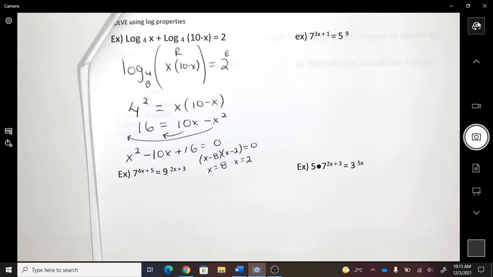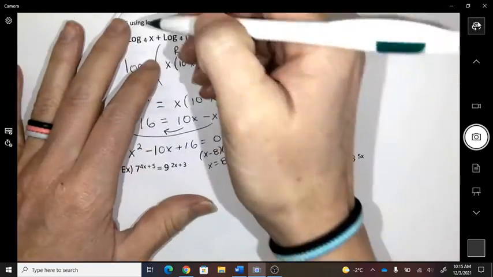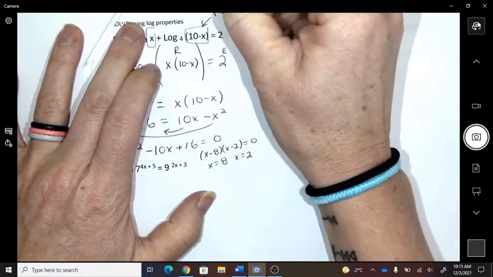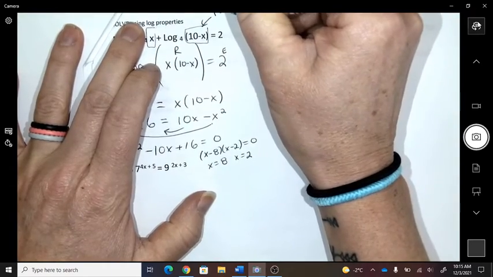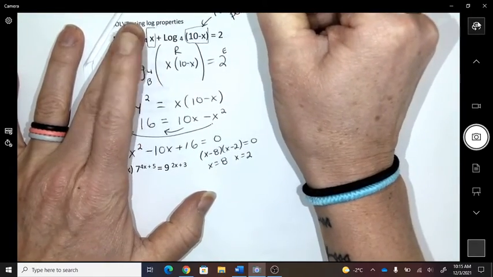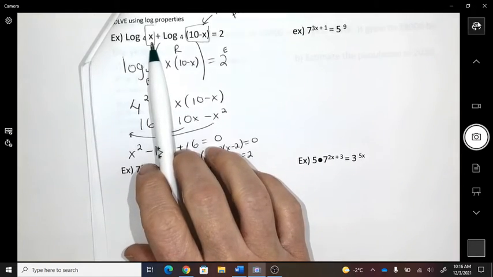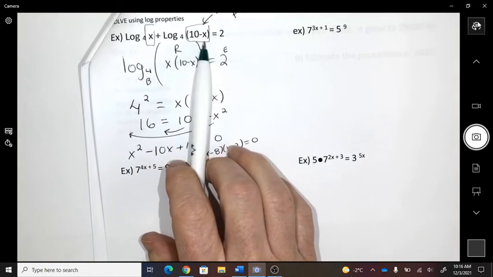Okay, now here's the thing. At the very end of these, you have to check your answer because when you're working with logs, the result has to be positive. So for instance, if I was to think about x as an 8, okay, that's positive. 10 subtract 8 is positive.